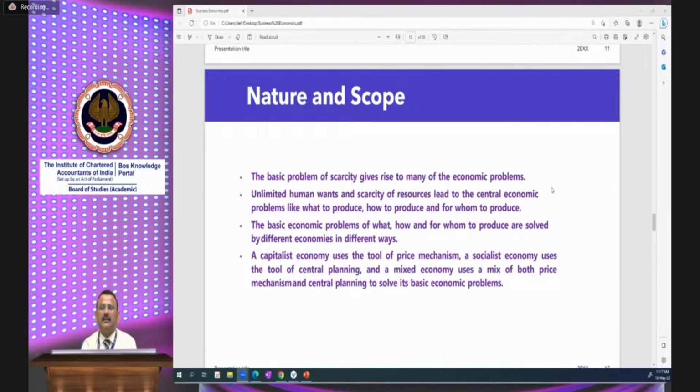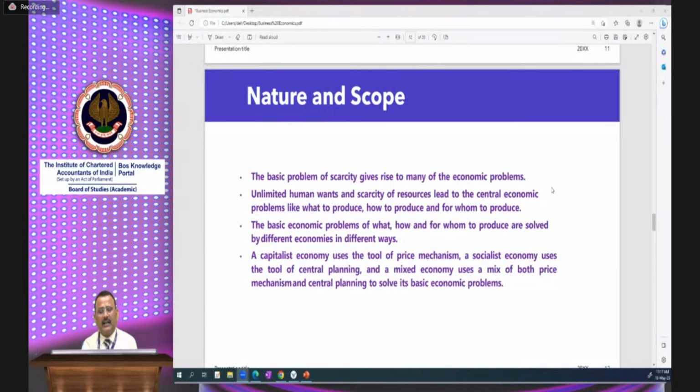Then there is capitalist economy, there is socialist economy, and there is mixed economy. In the examination or in the study material, the definitions of all these three are given in detail.